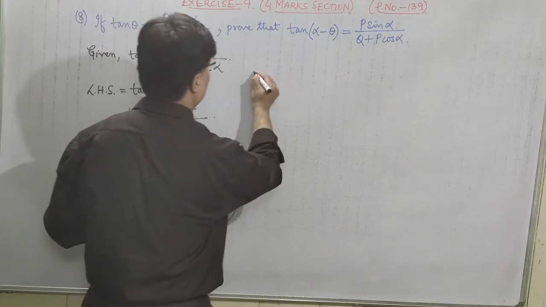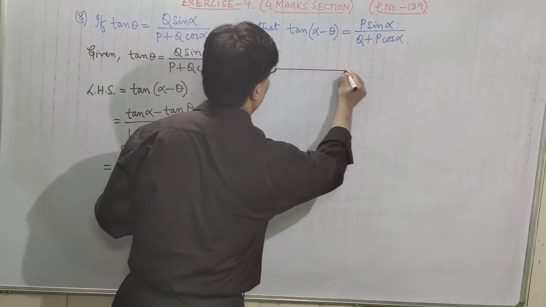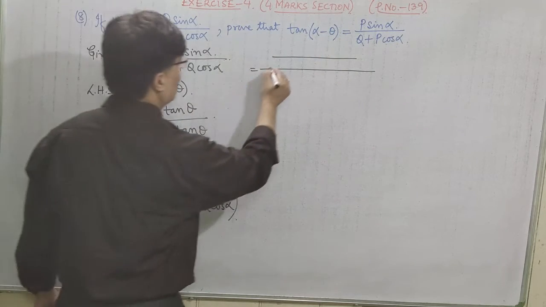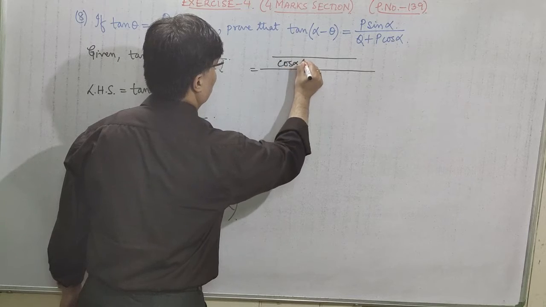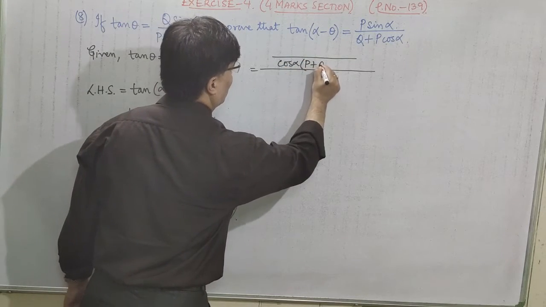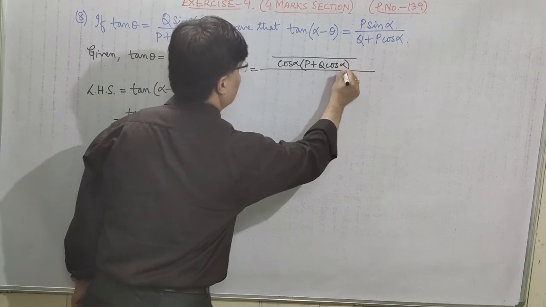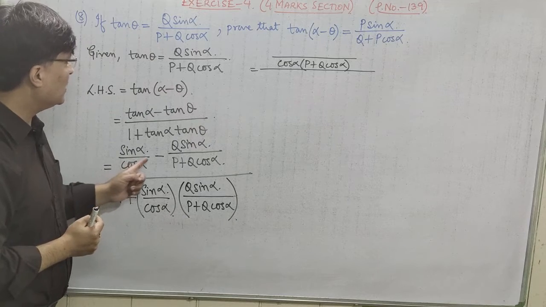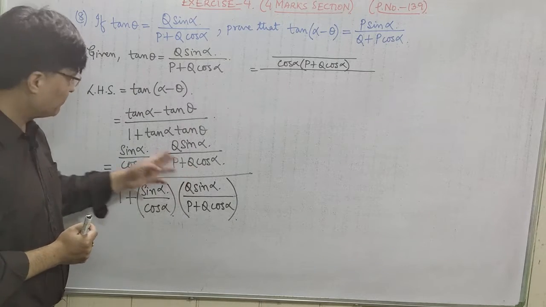So let us take the LCM now. In the numerator, what's the LCM? It is cos alpha within bracket p plus q cos alpha. This is the LCM. The LCM is cos alpha into p plus q cos alpha.